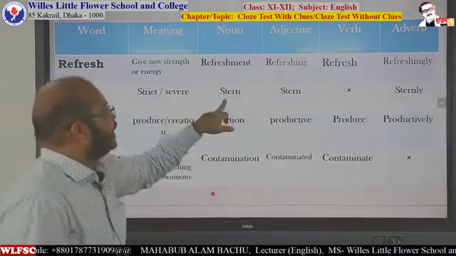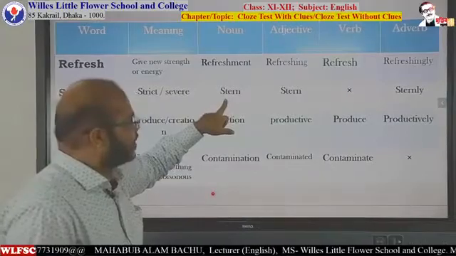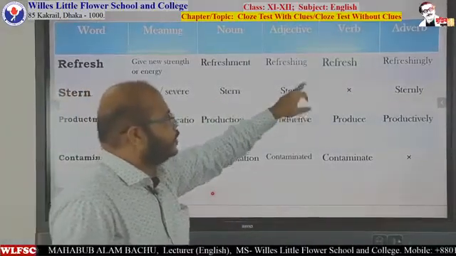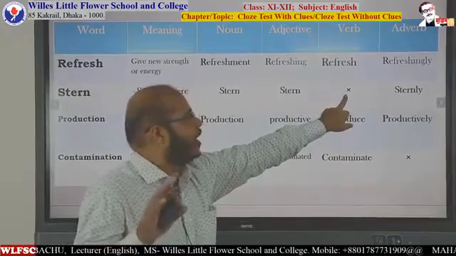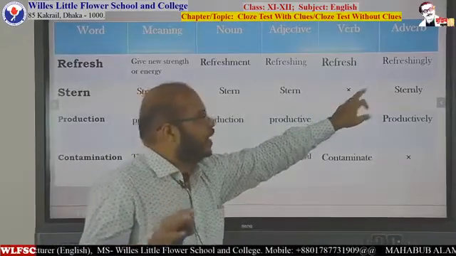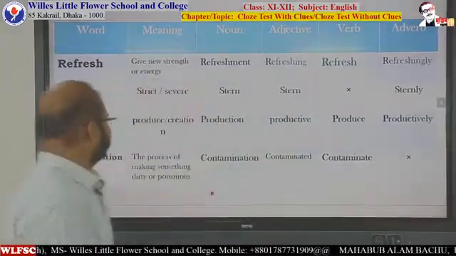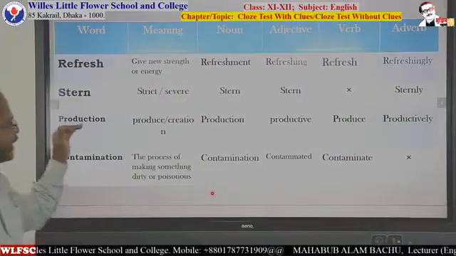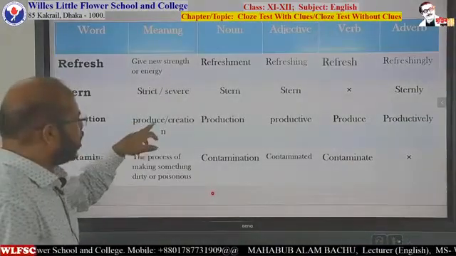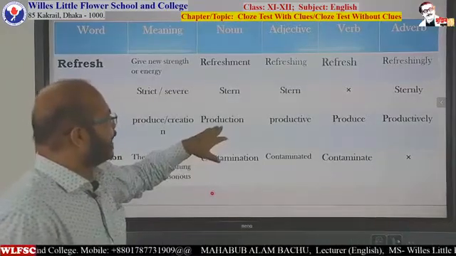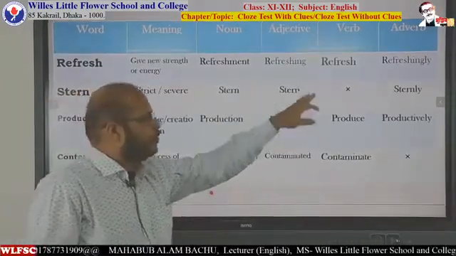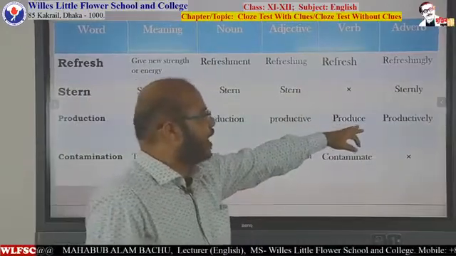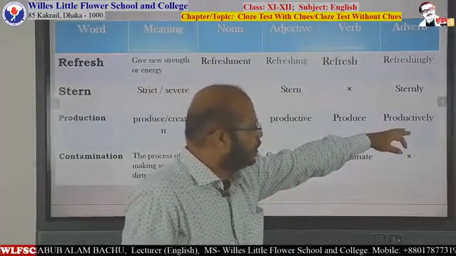The noun form of stern is stern, and the adjective form is stern. You see a cross here, which means we do not get a verb form of stern. The adverb form is sternly. In this way, production means produce or creation. The noun form is production, adjective productive, verb produce, and adverb productively.